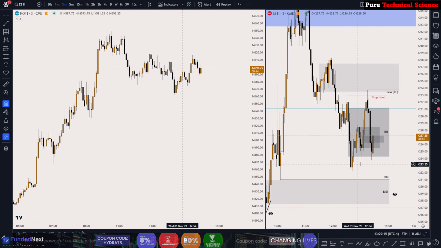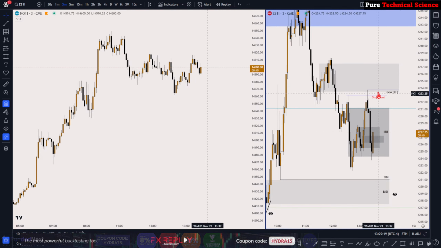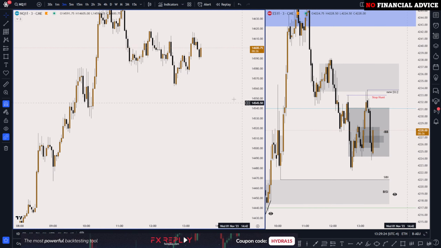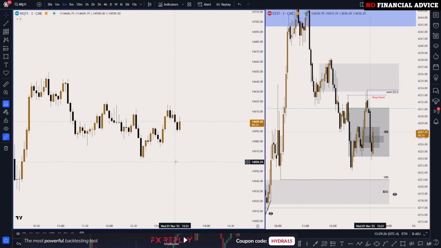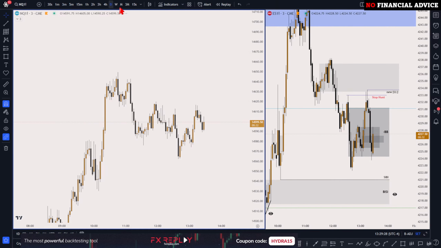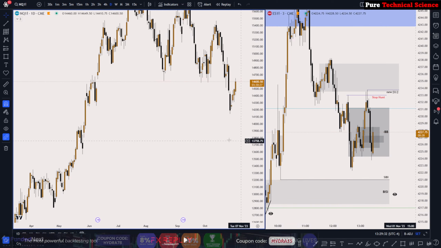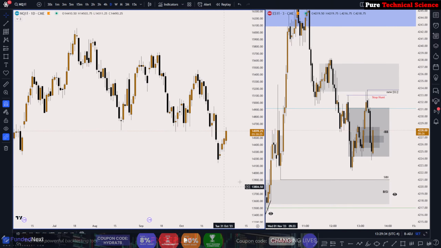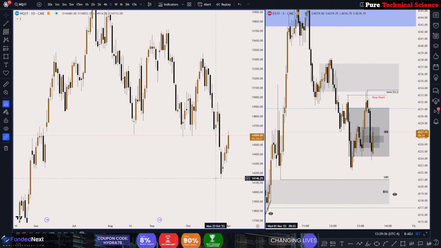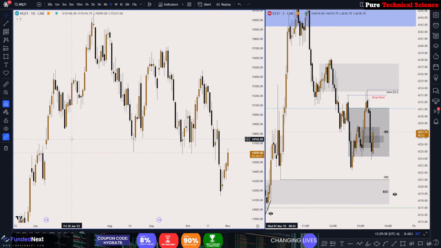This is a pattern that is going with our bias that we built from the higher time frame. We want to see lower price action. So let's see what price does here. And now let's analyze our NASDAQ chart, which we want to see behaving opposite to Dow and ES. NASDAQ has this big liquidity void and is trading back to it.